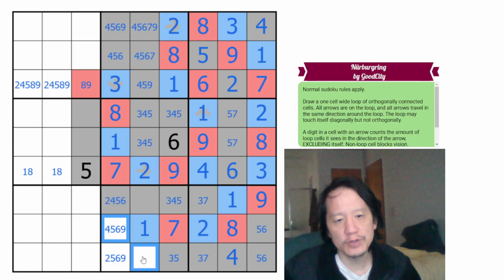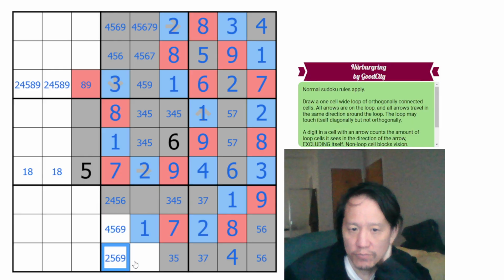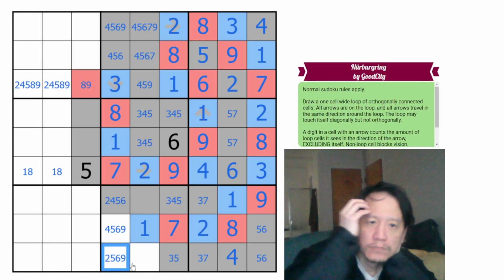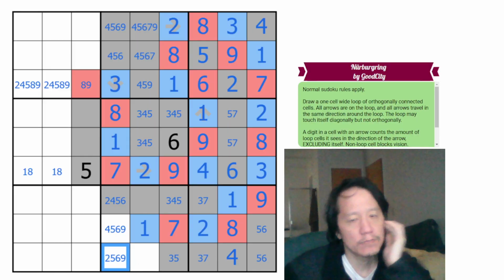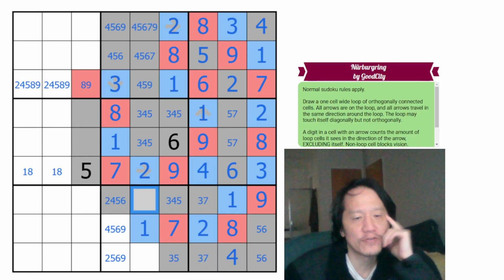This could continue either way here. So it could be high and low, or high and low, or high and low. This has to be, one of them is 8. The other one could be many things.